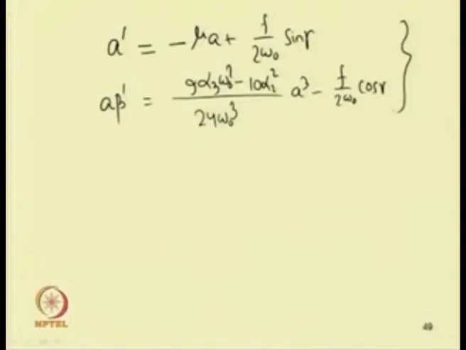As we did in the previous case, instead of writing this beta dash, we can write in terms of gamma. We will use gamma equal to sigma T 2 minus beta, and this second equation we can write in this form, that is a gamma dash.